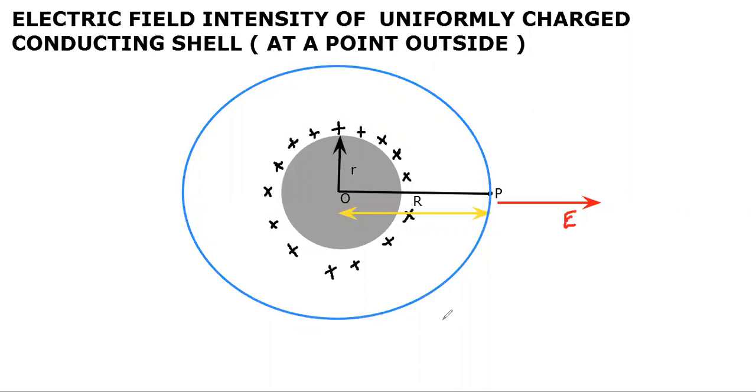So I will make one dA vector. Suppose I have made this as the dA vector, and by now you all know that direction of dA is always outwards. So this is the direction of your dA vector. You can write in the diagram that this is dA vector.